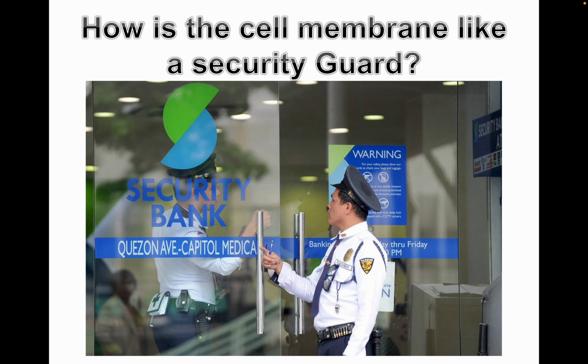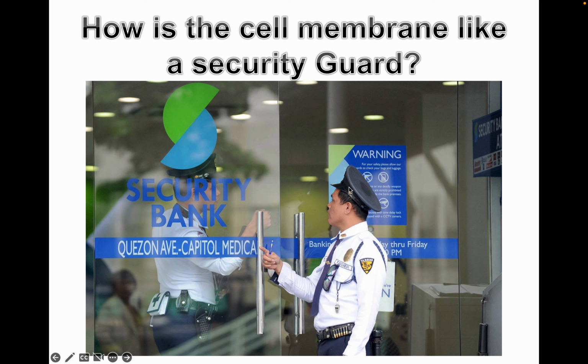Next, what are the functions of the cell membrane? What is the role of the cell membrane? The cell membrane acts as a selective barrier. It's a barrier, just like having control guards.